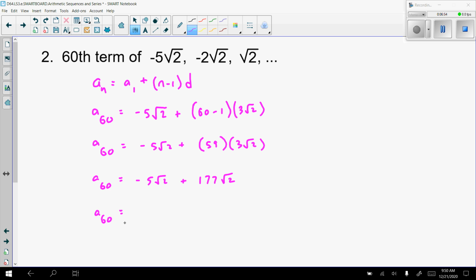And now when I combine these, I get 172 square root of 2. We do not want to change this to a decimal. We want to leave it as an exact value, as a square root. Once again, 172 square root of 2 is an exact value. Please move on to the next slide.